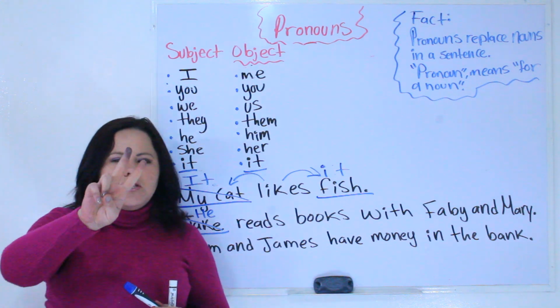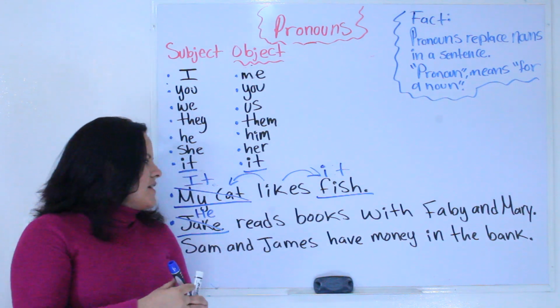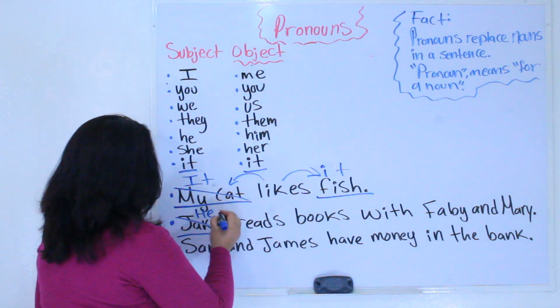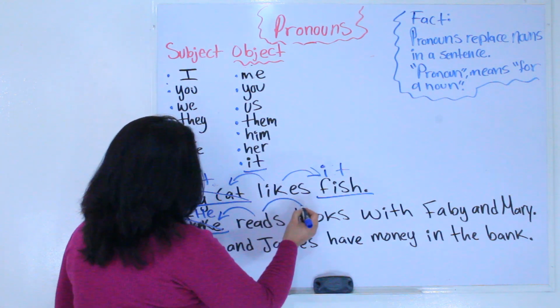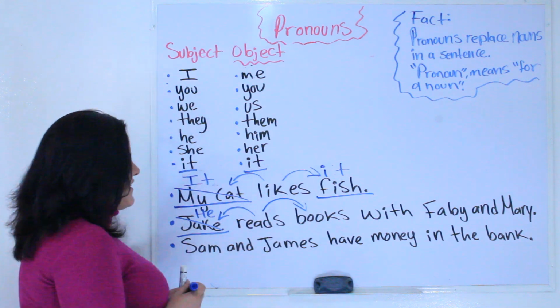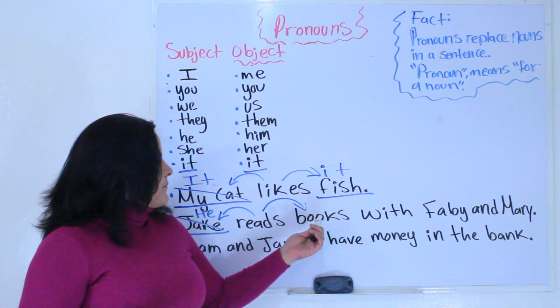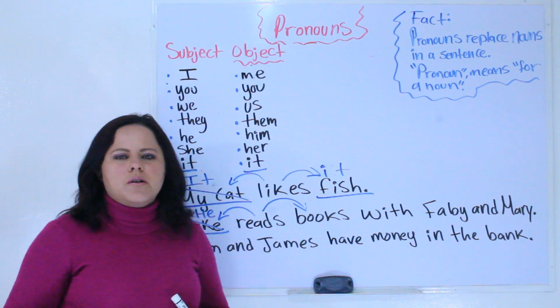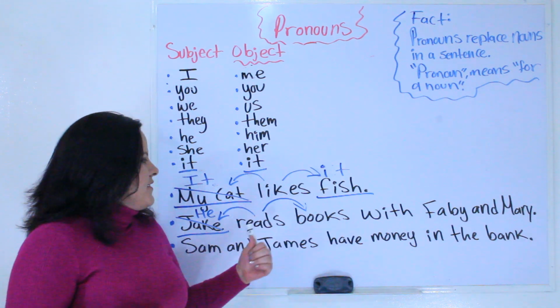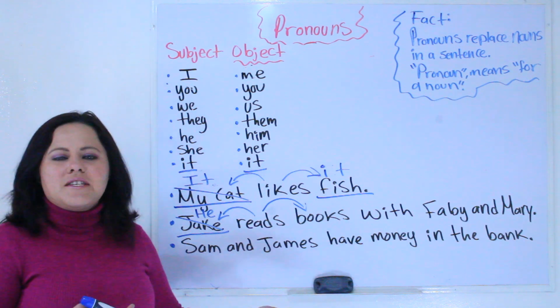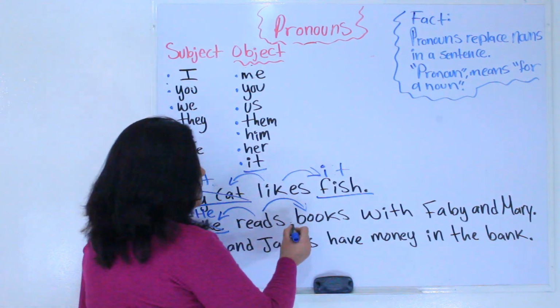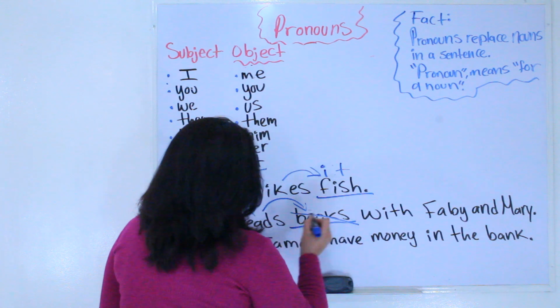Again, we have 2 objects. So we know that the subject goes before the verb, object after the verb. Alright? So books. It is a plural noun. It is a countable noun. So instead of using books, boom.